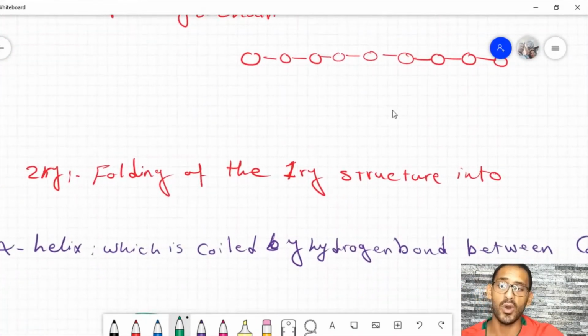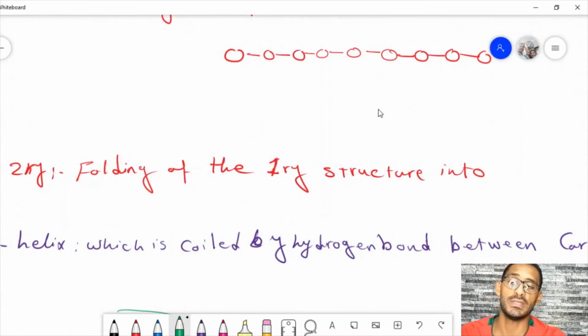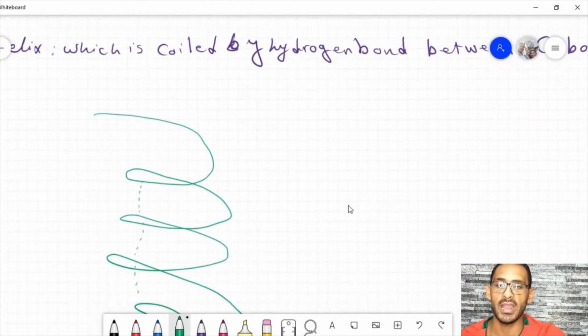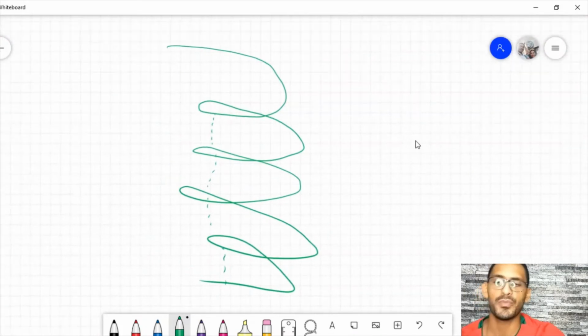And the second one is the secondary structure. The secondary structure is a folding of the primary structure, and it can be folded into two forms. One of them is the alpha helix, which is a coiling held by hydrogen bonds between the carboxyl and the amine group, and it looks like this.